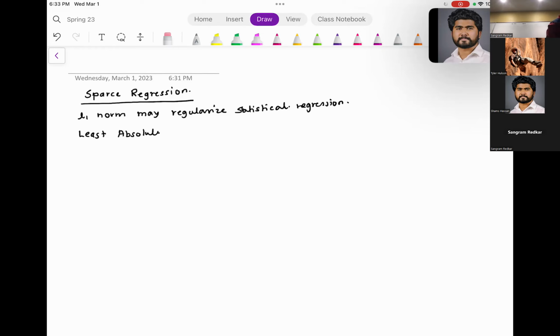If you look at the classic problem, Ax = b, this is the problem to be solved.